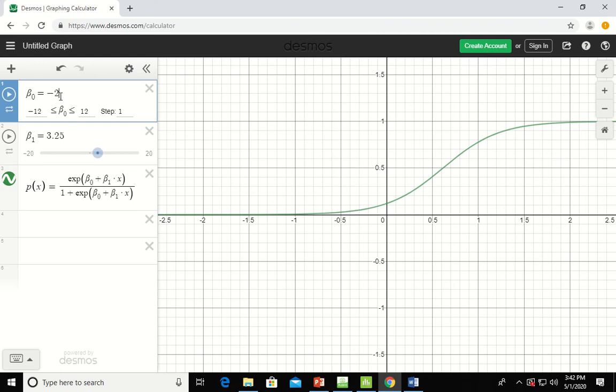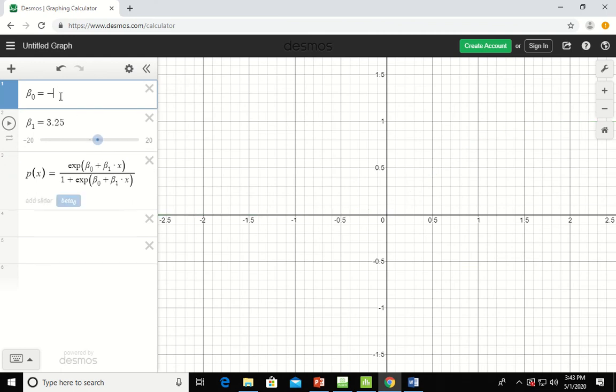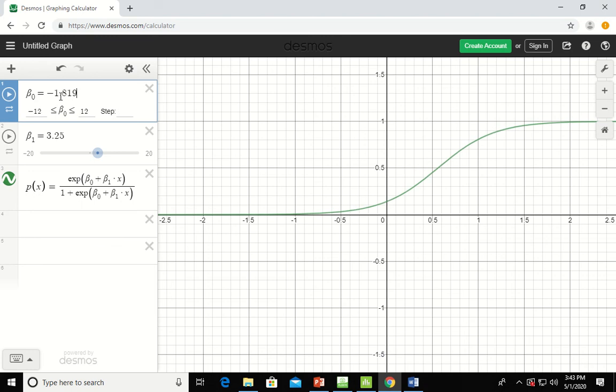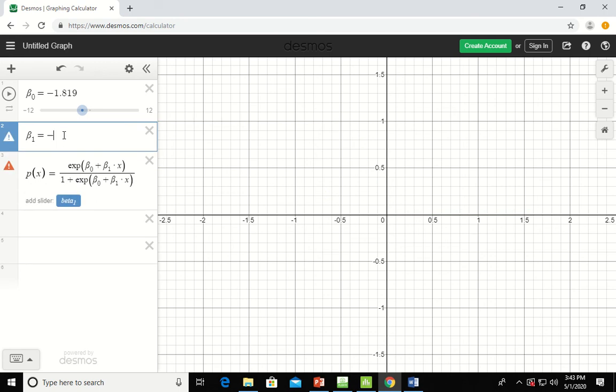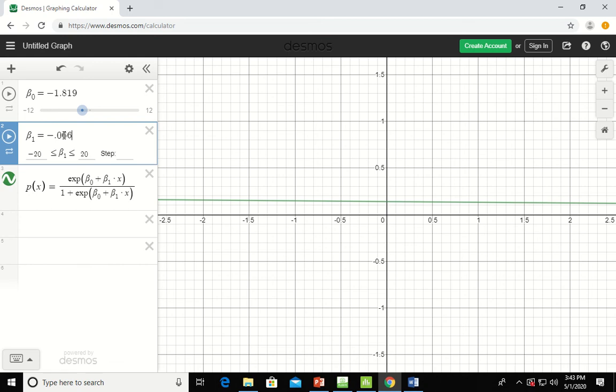But let's go ahead and change beta naught to 1.819. And let's go ahead and change beta 1, hate to give away my slider, to minus 0.0665.